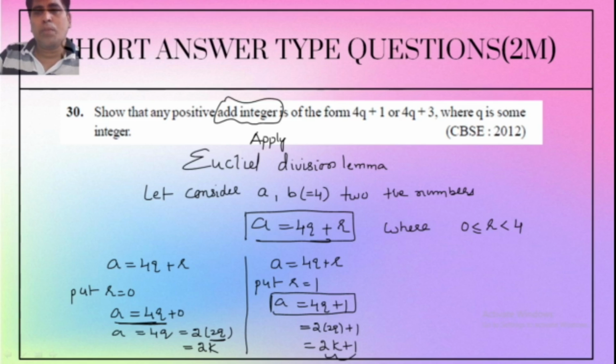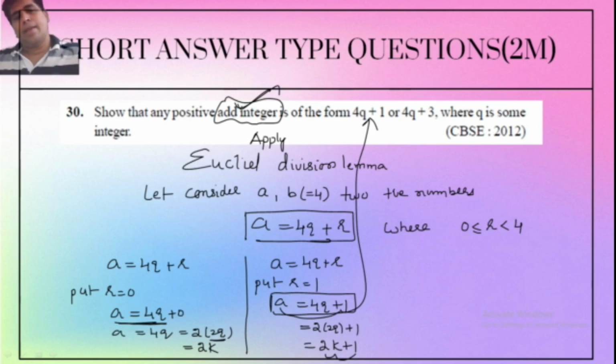So what is 2q plus 1? 2q plus 1 is an odd integer. 2k plus 1 is an odd integer. So A is in the form of 4q plus 1. So that is our A.